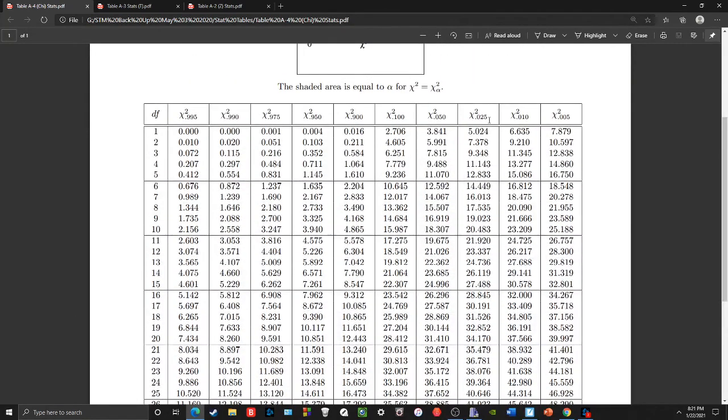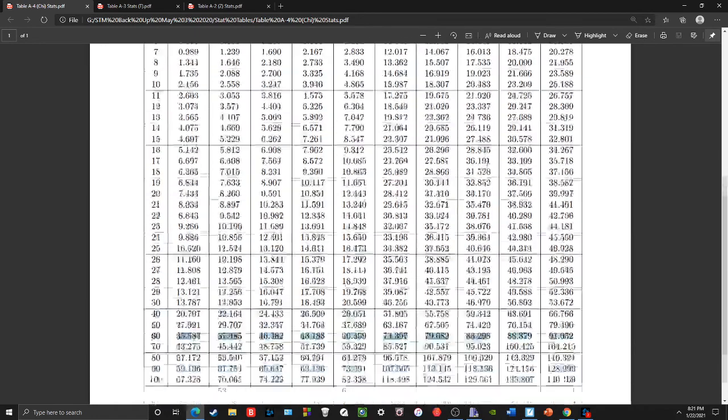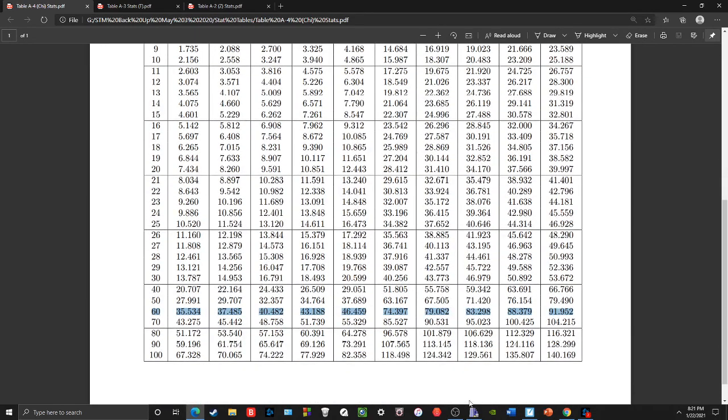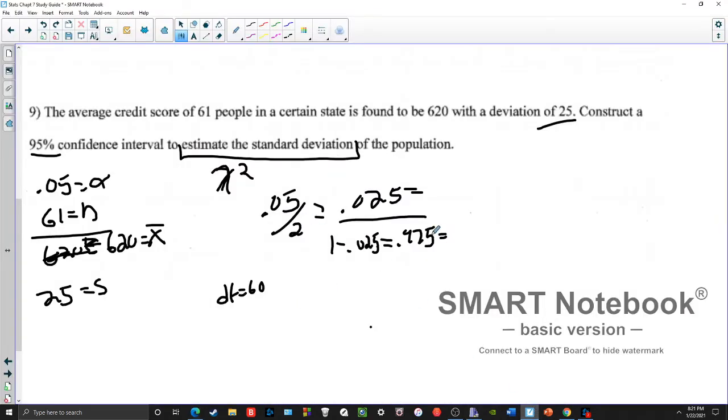And then for 0.025, third over from the right, it's going to be 83.298. So I'm going to write that down here real quick before I forget. So this right here is going to be 83.298, and over here is going to be 40.482. Right? So now, that's not my end of it. That's just me finding the boundaries. So now my actual interval is going to be constructed.